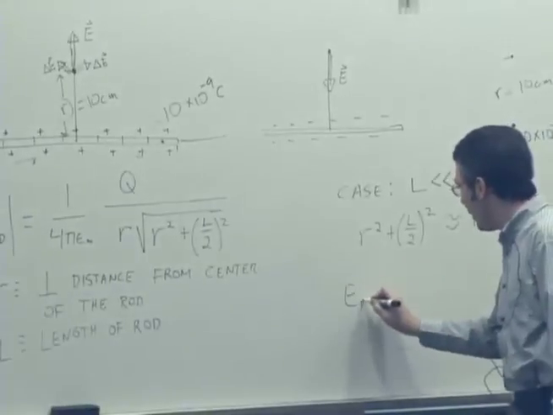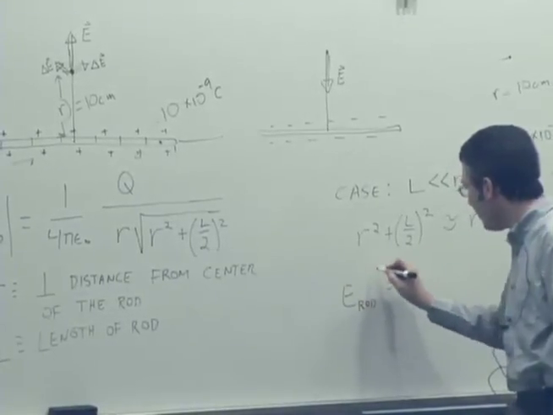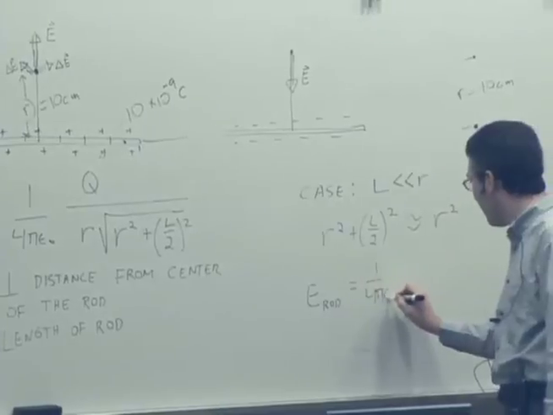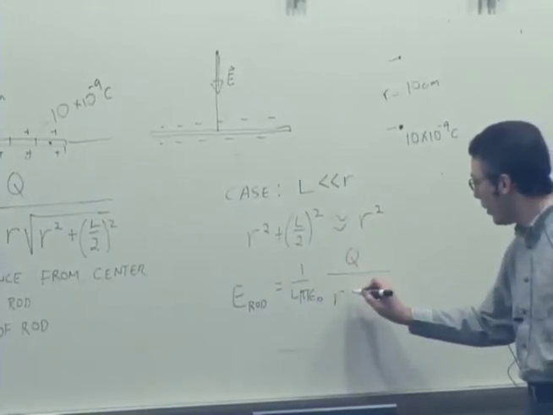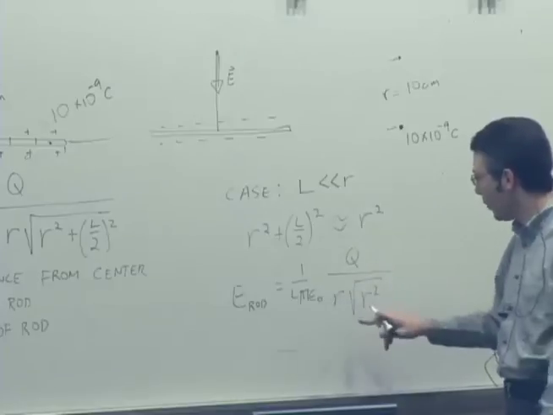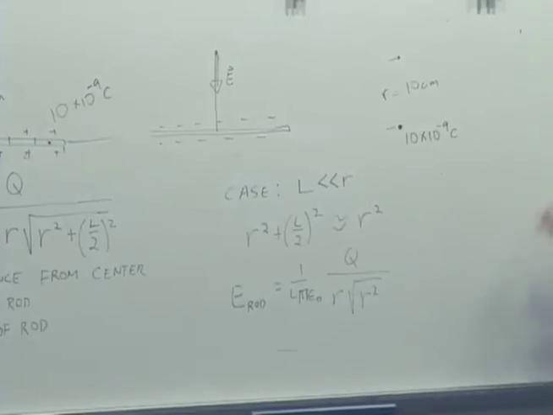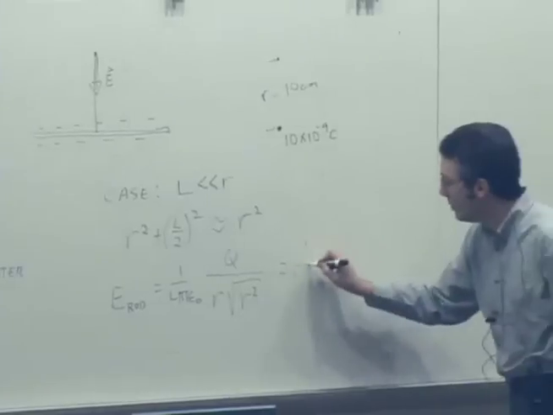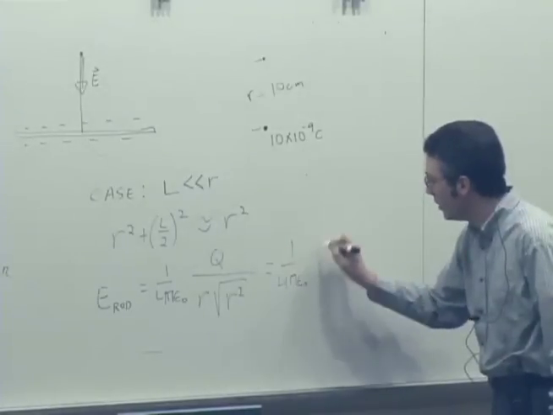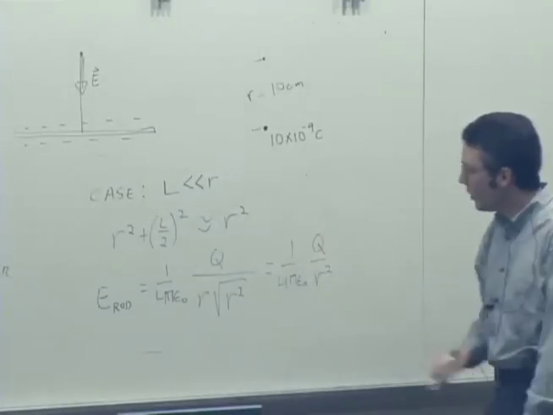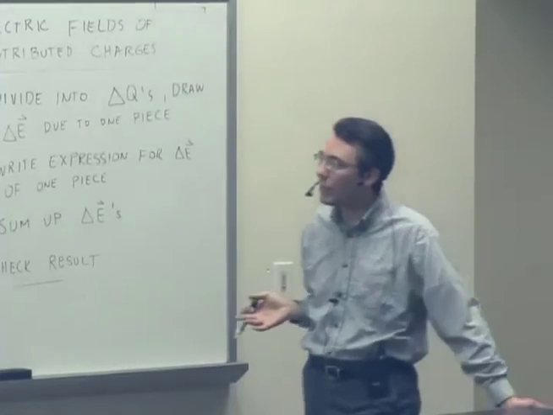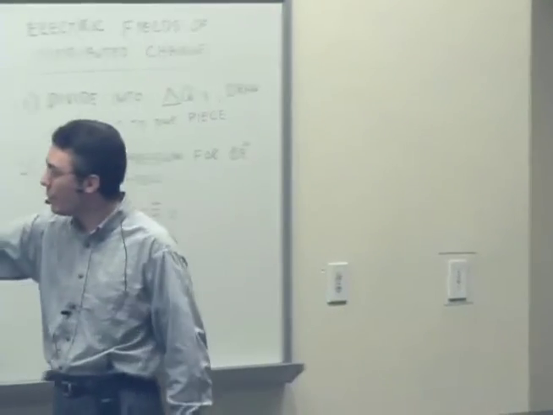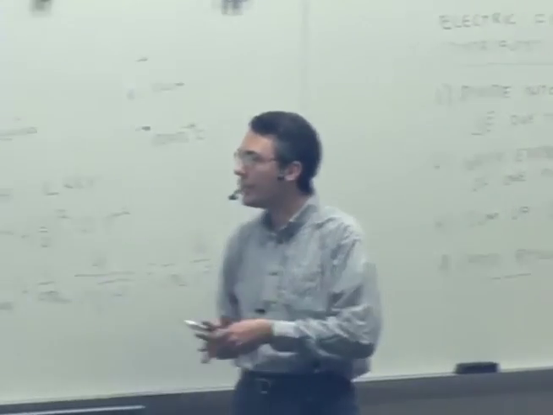We have then the electric field of the rod being equal to 1 over 4 pi epsilon 0 Q over r times the square root of r squared, and the square root of r squared is r, and so we get r squared in the denominator. Is that what we expect? Yes, because now it's looking like a point charge, right? So in the case where L is much less than r, it's giving something that's reasonable. So it looks like this is a good check. This is working out.